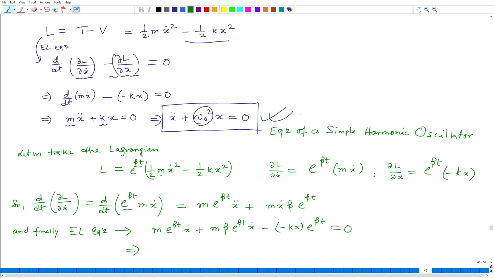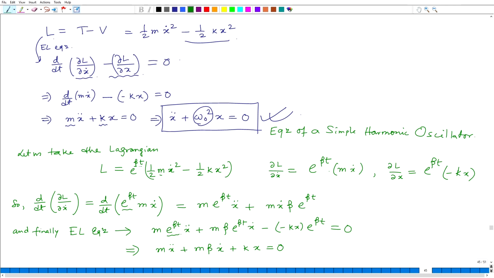And since e to the beta t is not in general 0, we can write m x double dot plus m beta x dot plus k x is equal to 0.